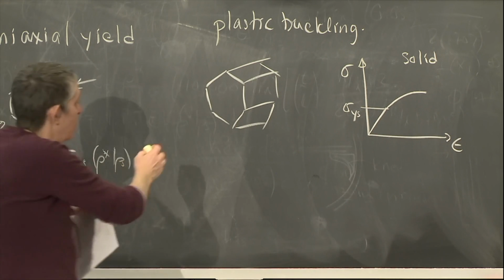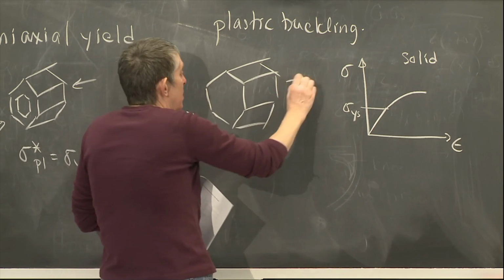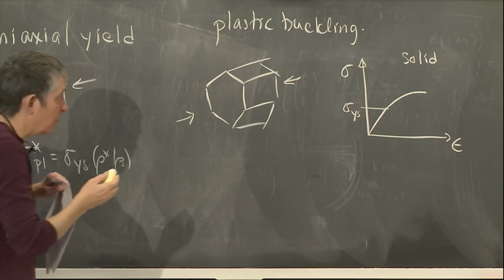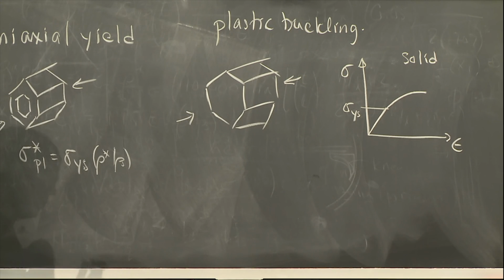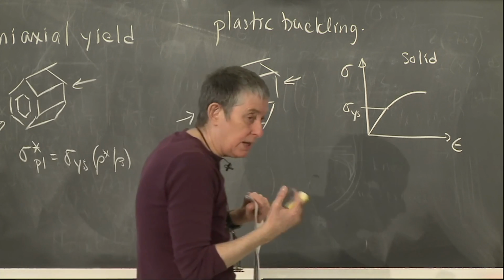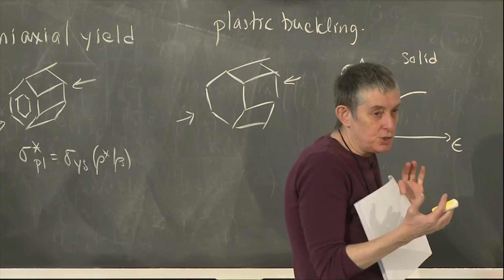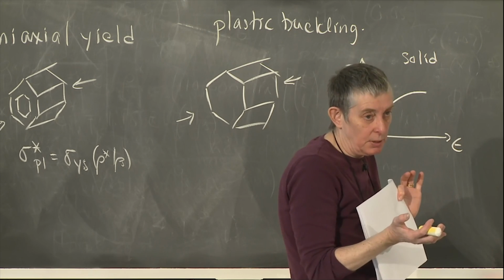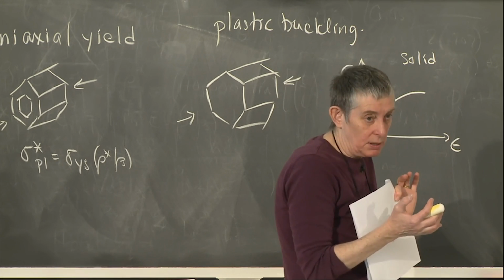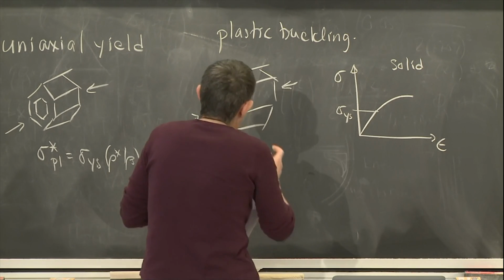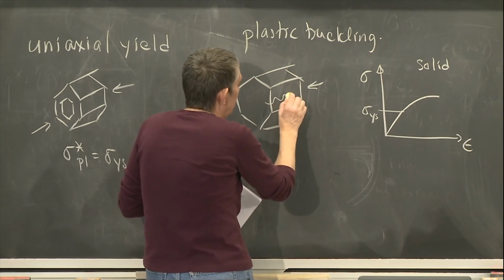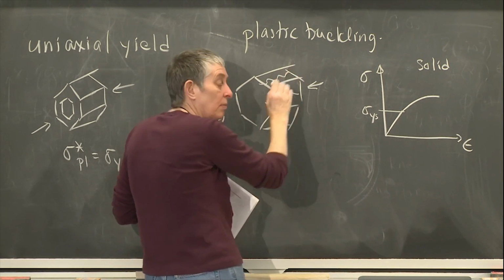If we compress that in the 3 direction, then if the material has a yield point, there can be an interaction between plastic yielding and elastic buckling, and you can get plastic buckling. In plastic buckling you get wrinkles that go along the length of it this way.